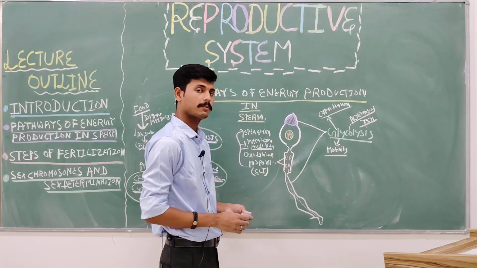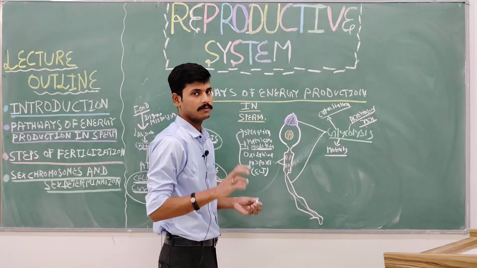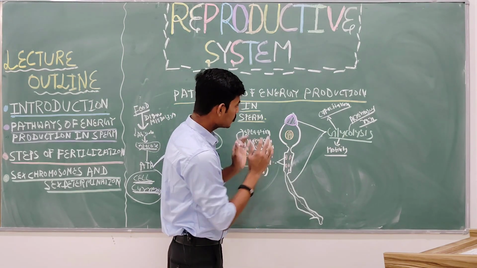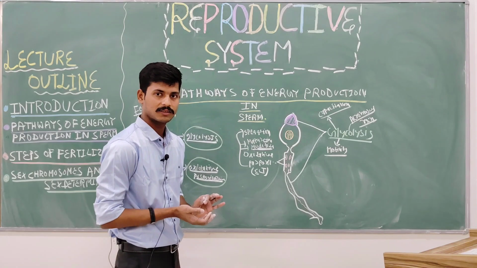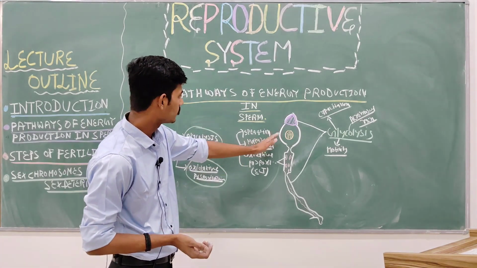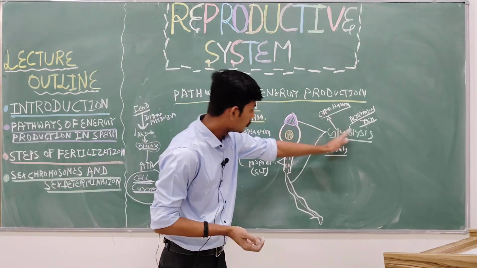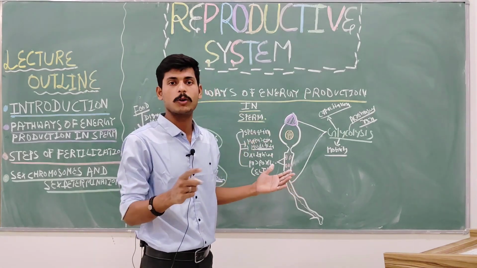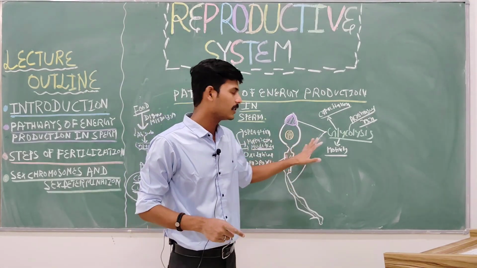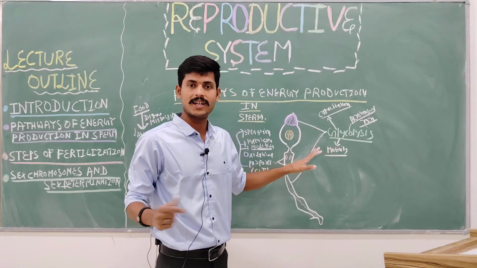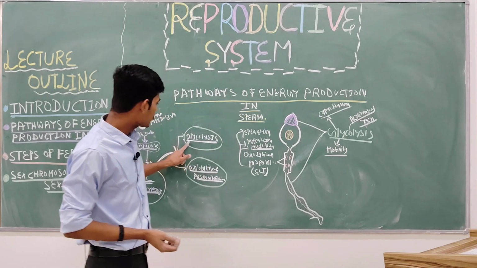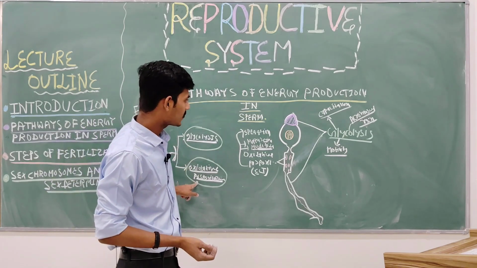We are referring to the maturation in the epididymis. Understood? No problem. Now you understand why and how sperm show motility, just because they have the energy production pathways. Just keep in your mind the two pathways, glycolysis and oxidative phosphorylation.